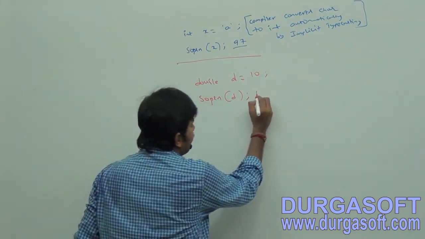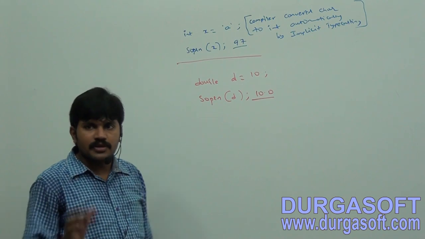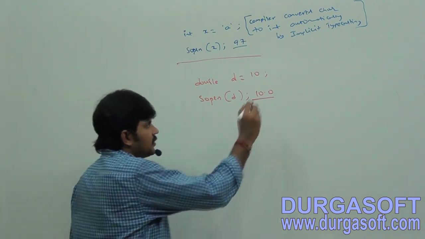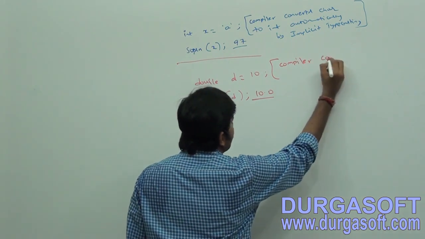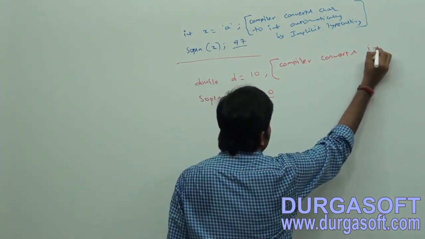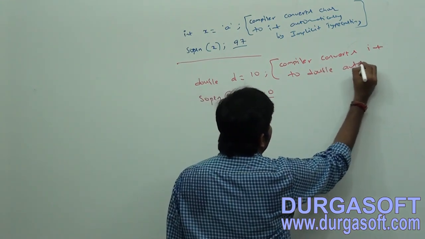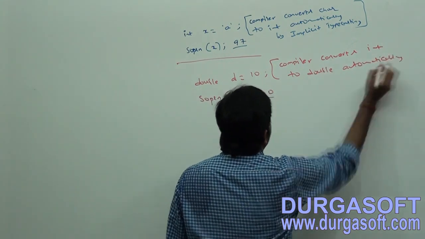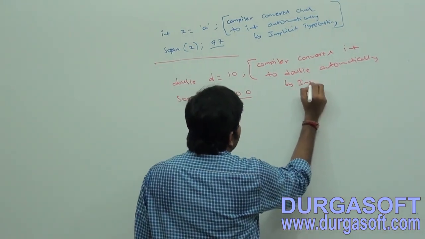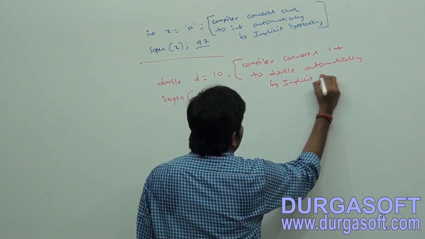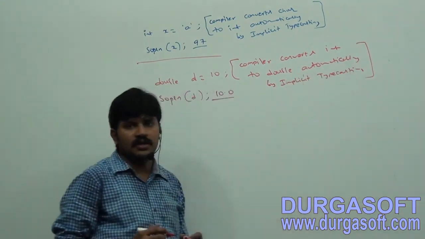If I print, what is the value I am going to get? 10.0. By default we are going to get 10.0. So the compiler converts into double automatically by implicit typecasting. Are you able to understand?